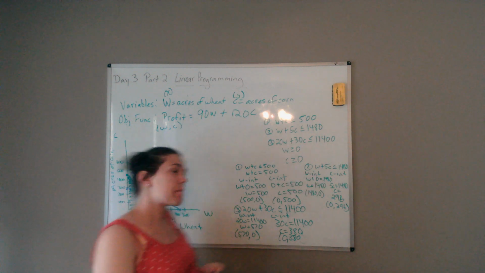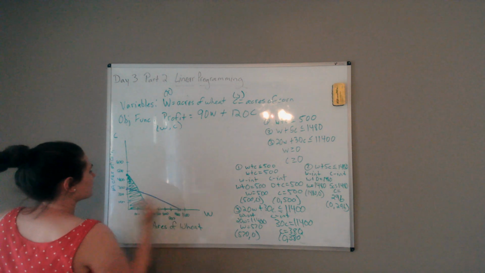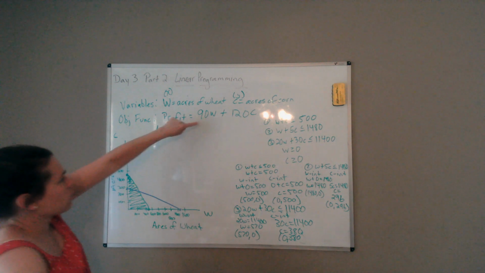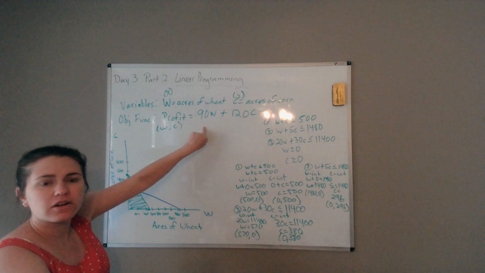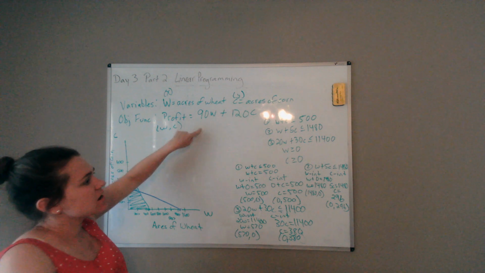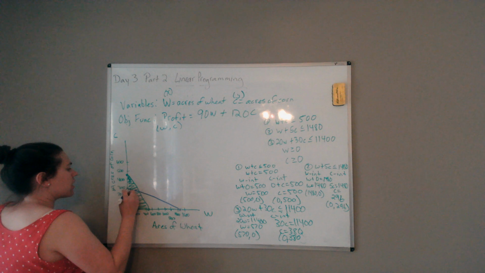Do I have an infinite amount of labor? That's how I think about it. Should I shade above this line or should I shade below? Here would be an infinite amount of acres of wheat, an infinite amount of acres of corn. Can I have an infinite amount of that? No. So I'm shading below.